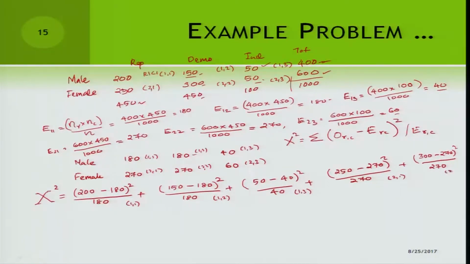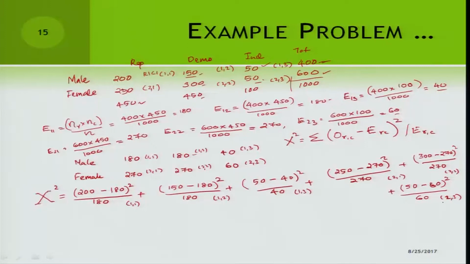And the last one, plus the observed value is 50, the expected value is 60, the square of that divided by the expected value, 60. This is your 2 3.